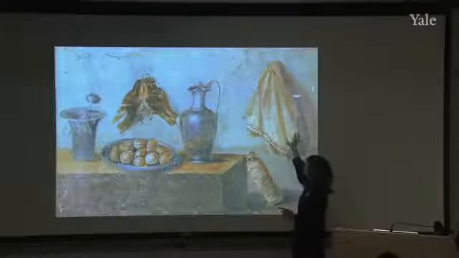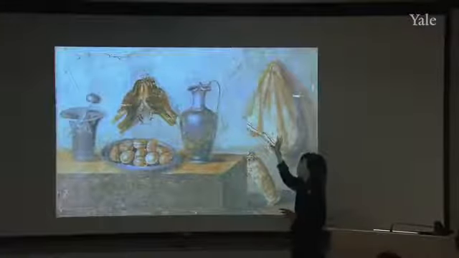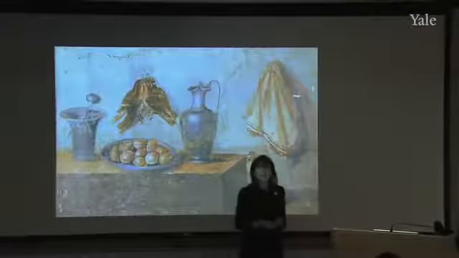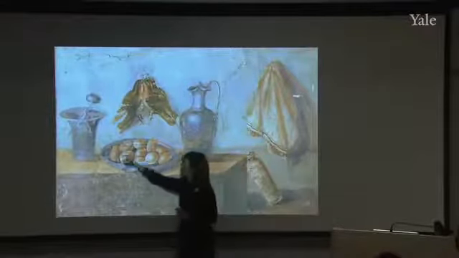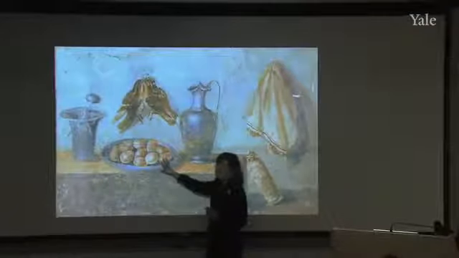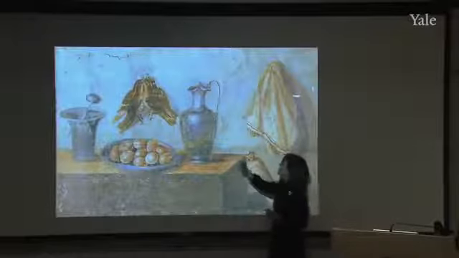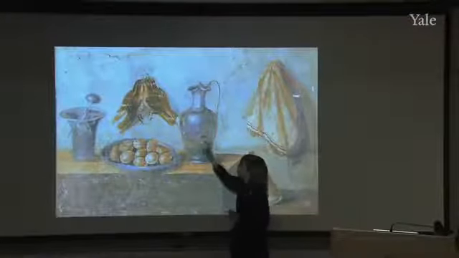We see over here, for example, a cloth with fringe that hangs on a nail on the wall. We see over here also hanging on the wall 4 dead birds. We see an oval plate of what seem to be eggs. We see a pitcher over here, which again looks like a metal pitcher bathed in light on one side, with a handle.